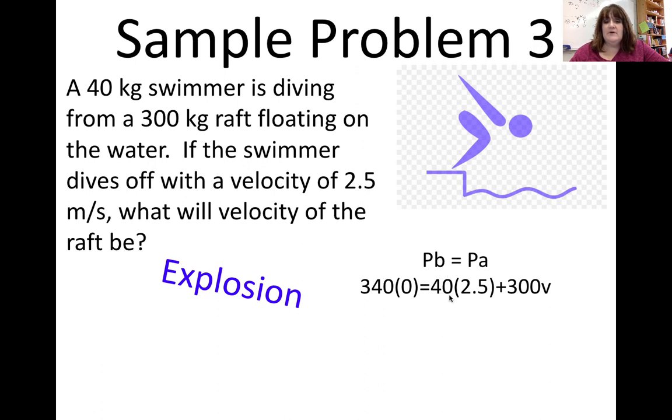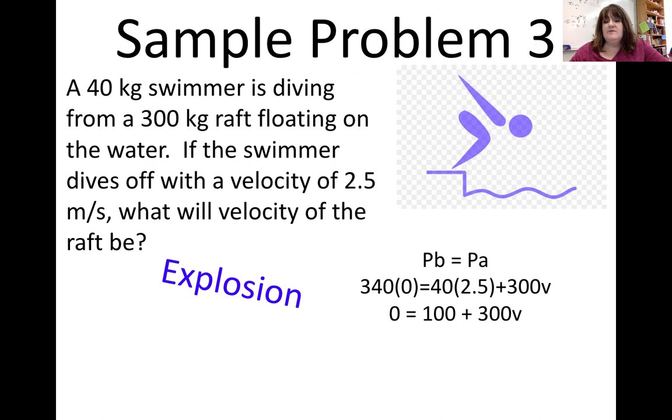Then the swimmer is 40 times 2.5, and we're going to assume that she's going to go in a positive direction. Honestly, it doesn't matter as long as we make a choice. Plus 300v. What direction, what velocity is the raft going to have?